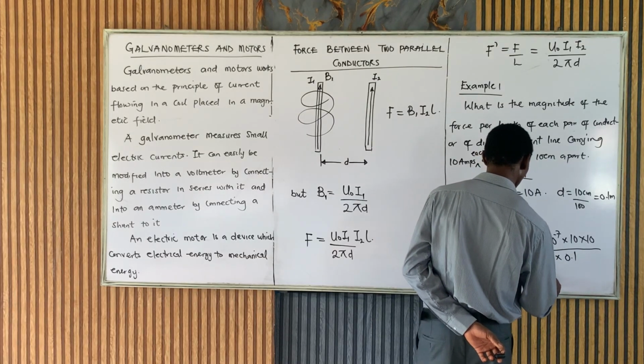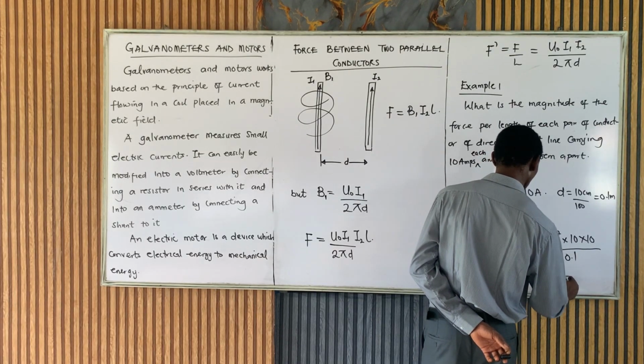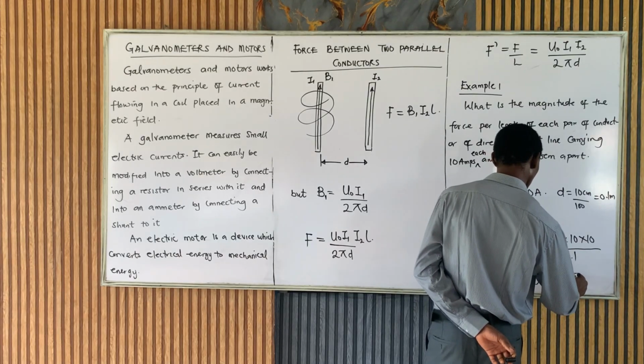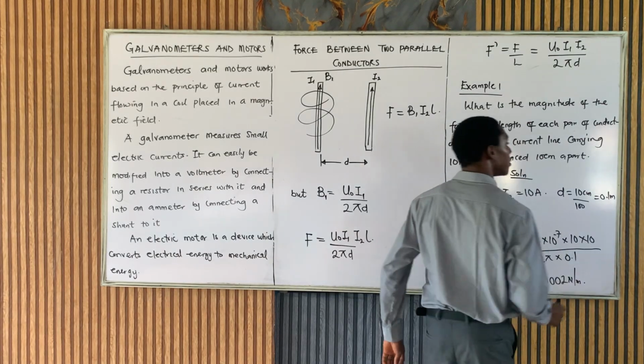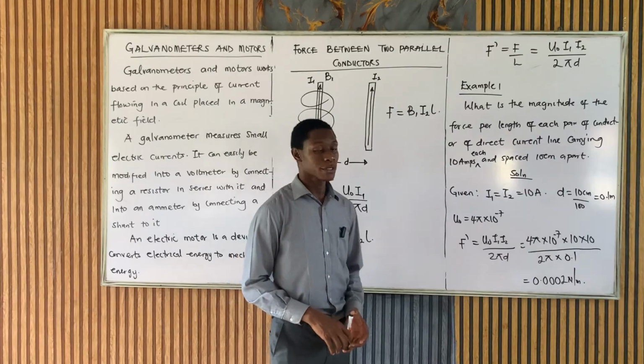This will give us 0.0002 Newton per meter. That's the answer for this question.